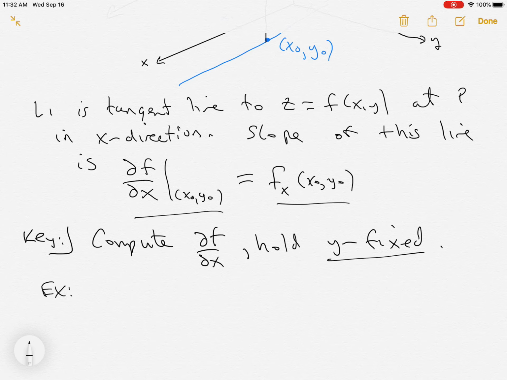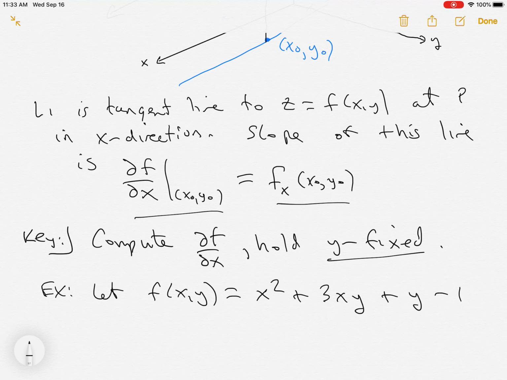So, for example, let f of x, y be the function x squared plus 3xy plus y minus 1. And we're going to compute df dx, or you could write it f sub x.